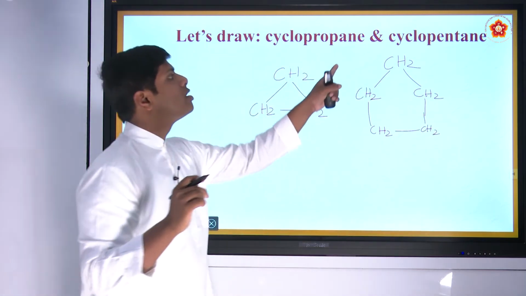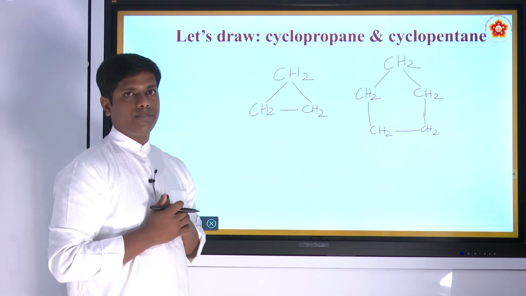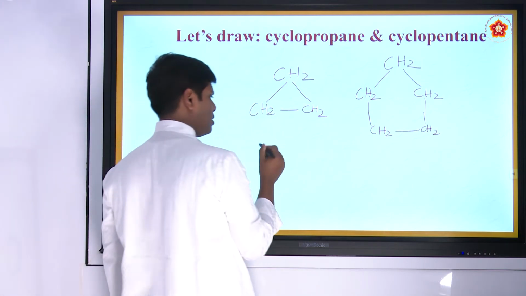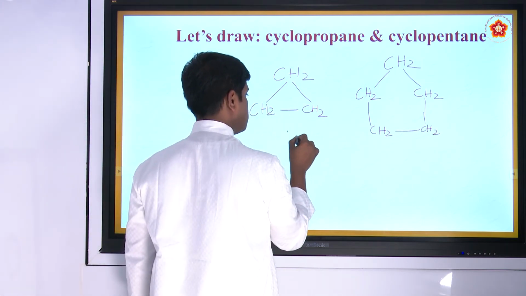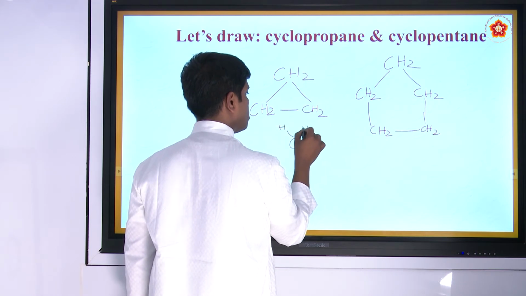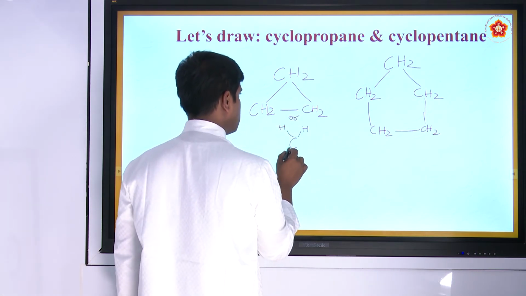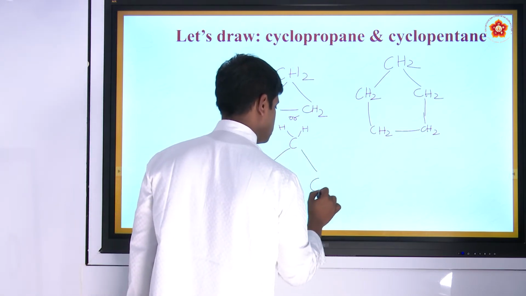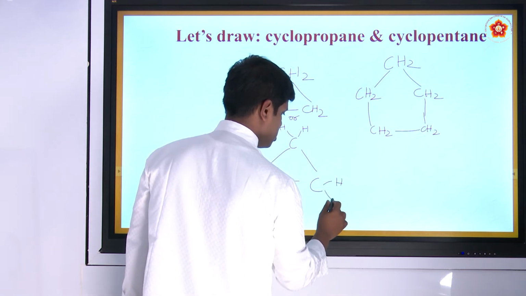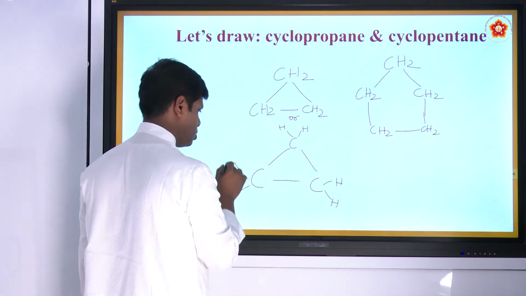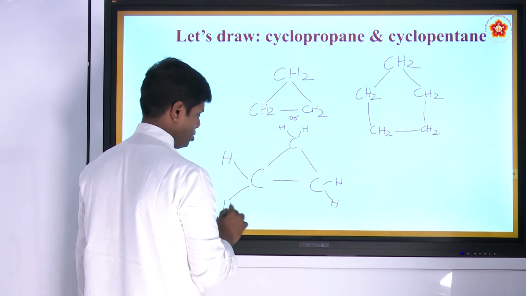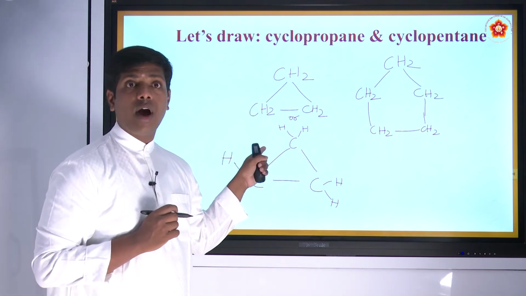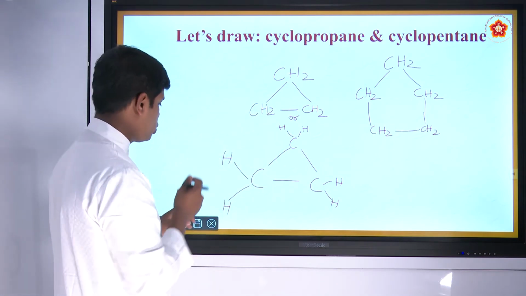This is the structure of cyclopentane. Please note down the structures. We can write like this also. These are the examples for cycloalkanes. Please note down the structures.